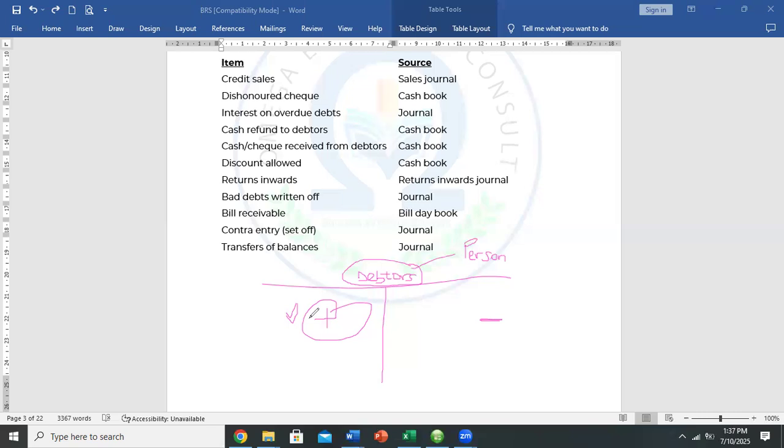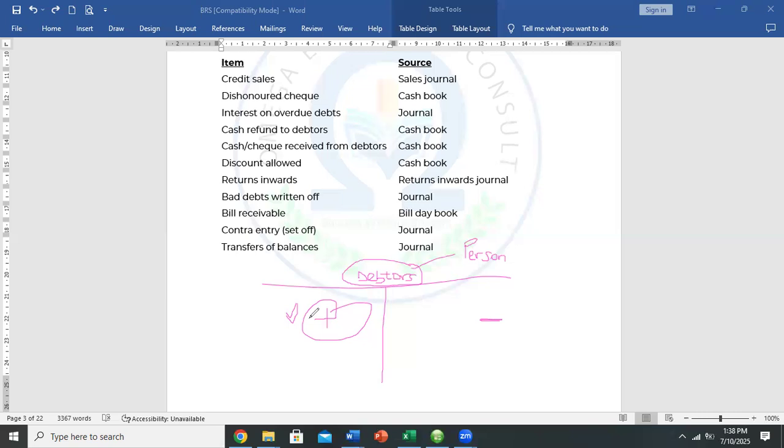Okay. Sir, please, dishonor check. It will increase the debtor's balance since it's a reversal of the original payment. Exactly. That is true. Thank you, Prof. I appreciate that.